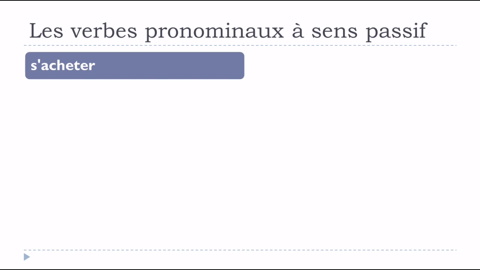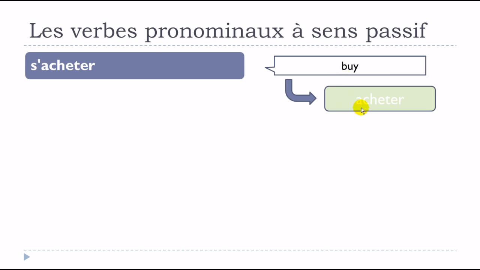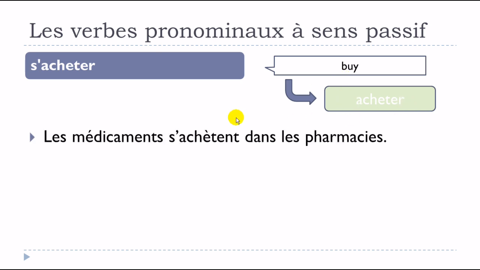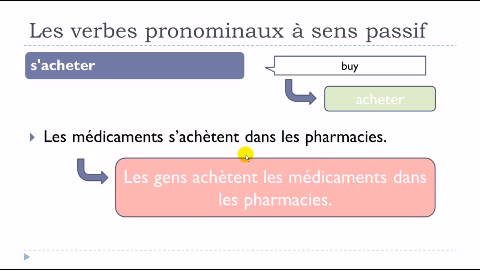So let's see a few verbs that will be possible and will actually work as we saw with s'appeler. So the first one is s'acheter, okay, and I will only give you the translation for acheter, just for a good reason. If you look at the sentence, les médicaments s'achètent dans les pharmacies, it's exactly the same thing.